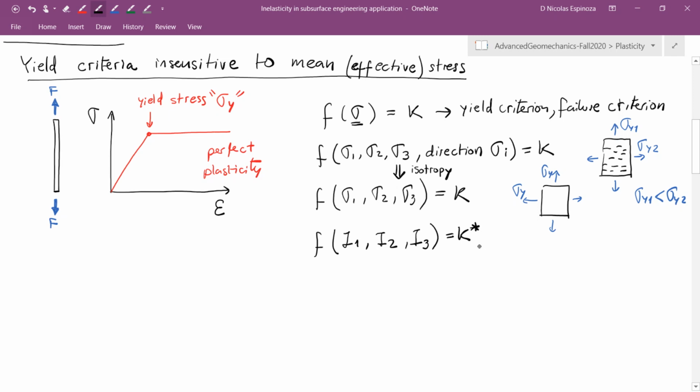So in summary, the yield criterion is going to be a function of the state of stress. And for isotropic material, it's just going to be a function of the principal stresses or the invariants.